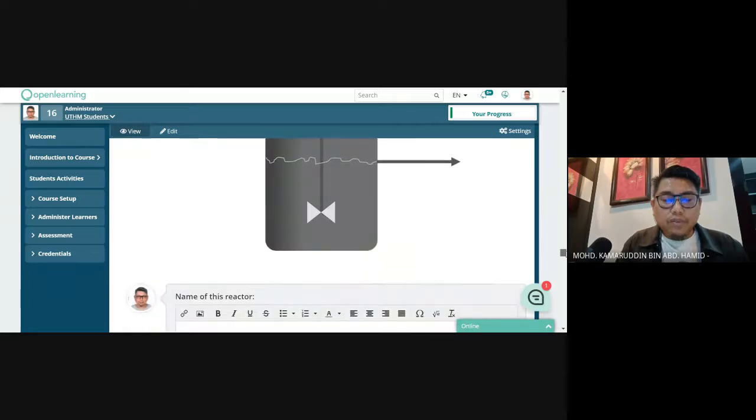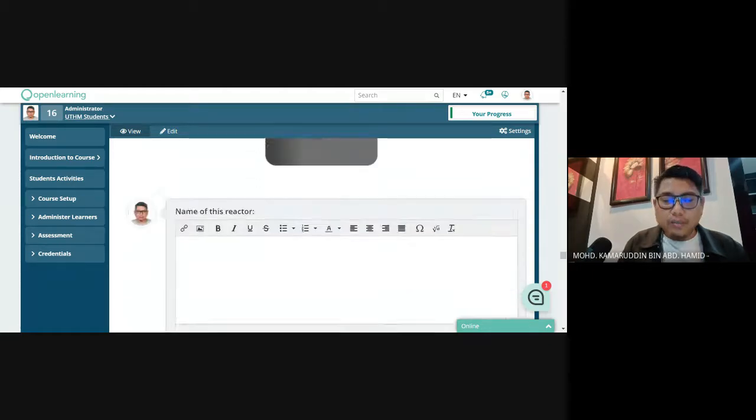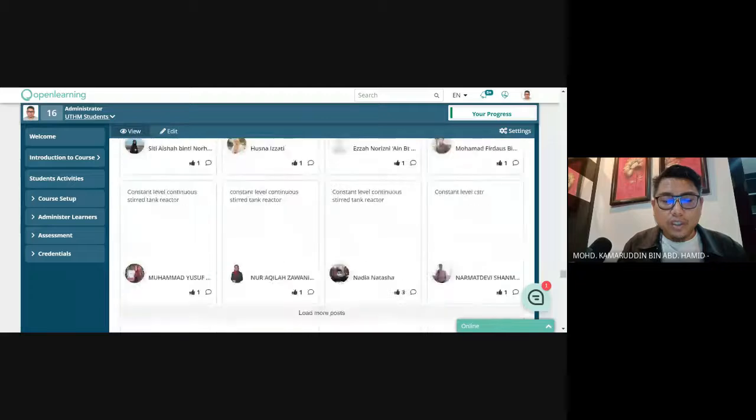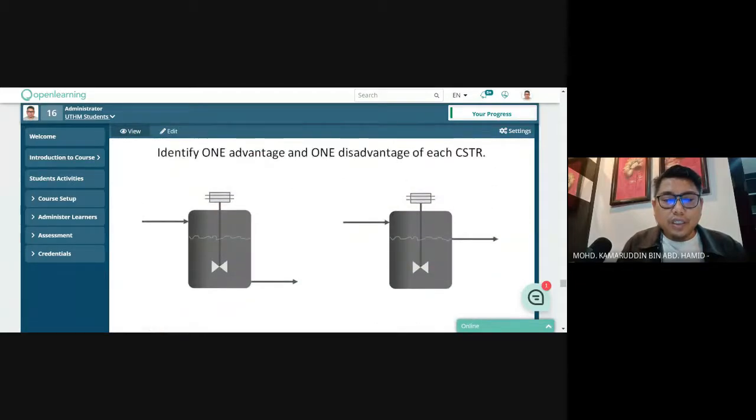Oh, okay, this is the difference between, then we have the difference between the constant level atau fixed level CSTR. In this case, you know that some of the advantage and also the disadvantage of having a fixed level or not.